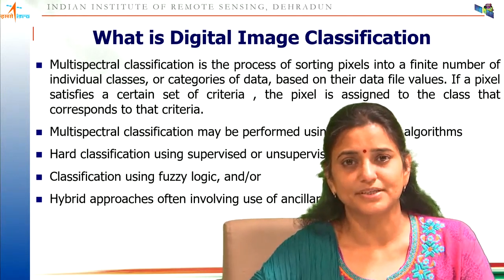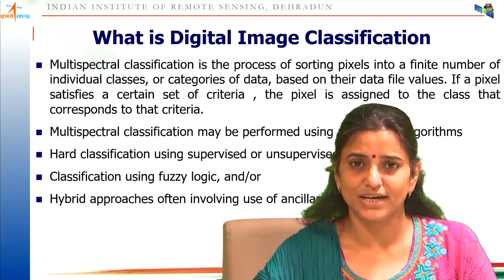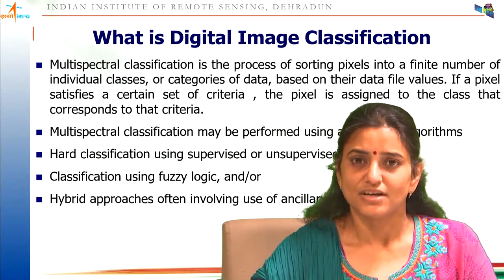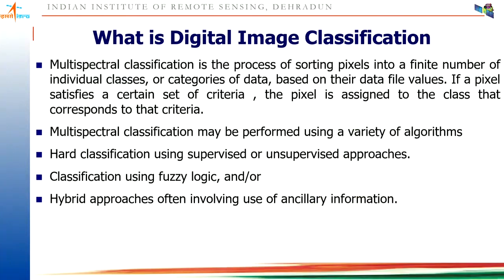So we sort out these pixels so that a finite number of classes can be created out of this large number of pixel value combinations. Now we can select any criteria based on our logic, based on the algorithm that we are using, and the pixel is assigned to the class corresponding to that particular criteria. So this is, in short, digital image classification.